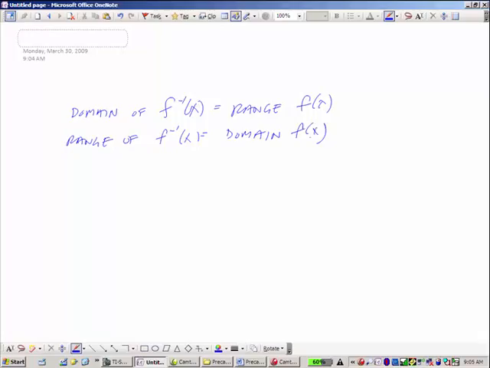That should be consistent with what Monty said at the beginning of class when we do inverse functions. We're switching the x and y, right? So if one function has a domain, x values, that's going to be the inverse's range, the y values.